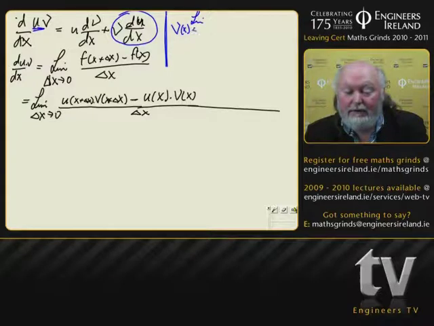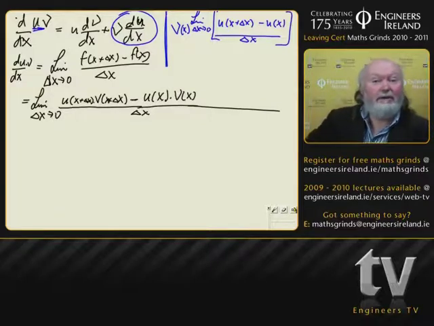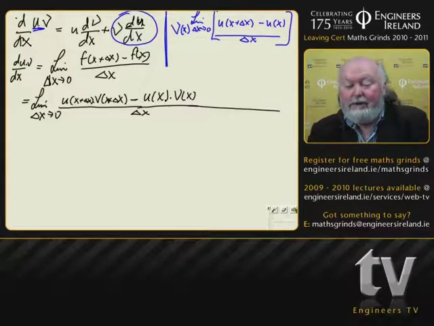Isn't it the limit as delta x goes to 0 of u? We know that, don't we? We can now play it around a little bit because there's no delta x inside this v part. I can multiply it in.